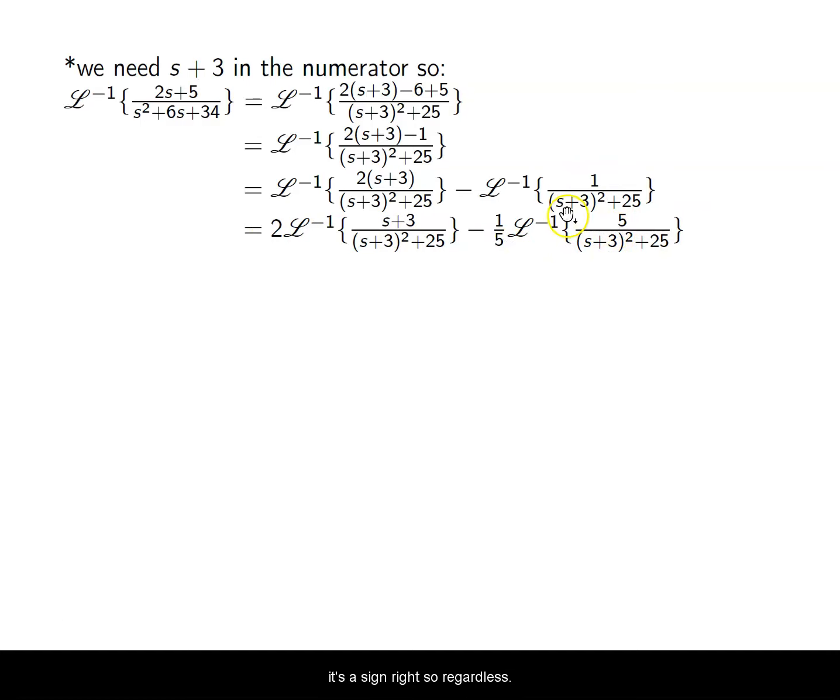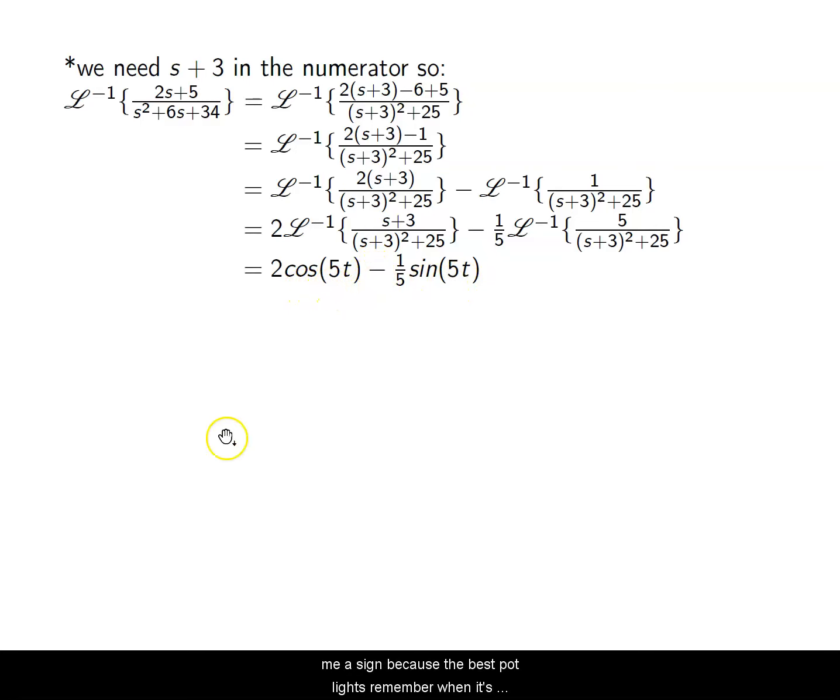So regardless, I need this 25 in this case to be the same as the numerator, so we can do our little trick where we're multiplying by 5 over 5. Now this matches up and these are matching up, so this will give me one function and this will give me another function for the inverse. This will give me a cosine and this will give me a sine, because they're both positives.